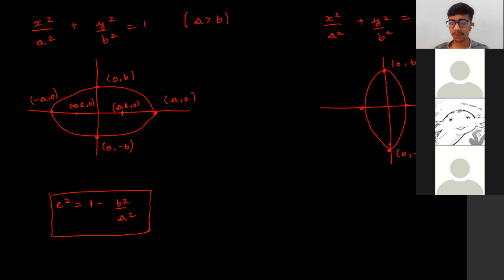This is a comma 0, minus a comma 0. So eccentricity now is e square is equal to 1 minus a square by b square.